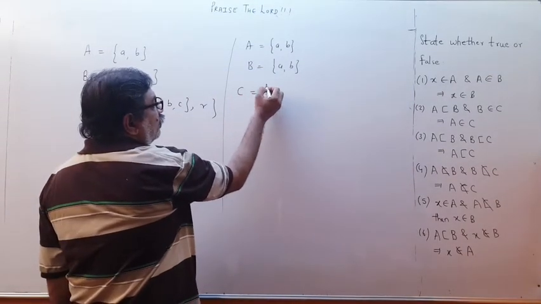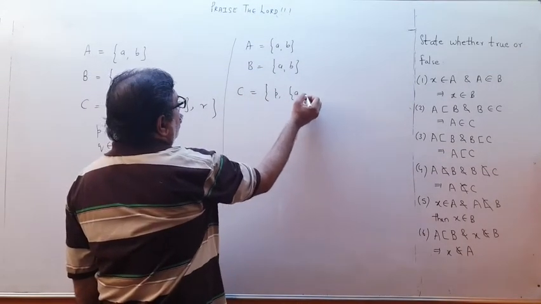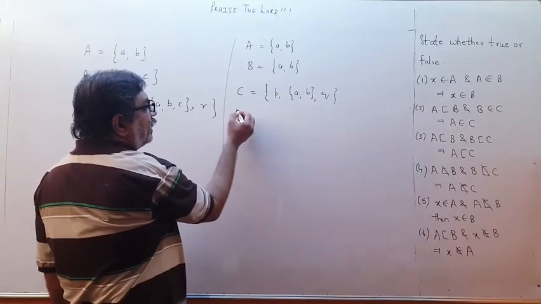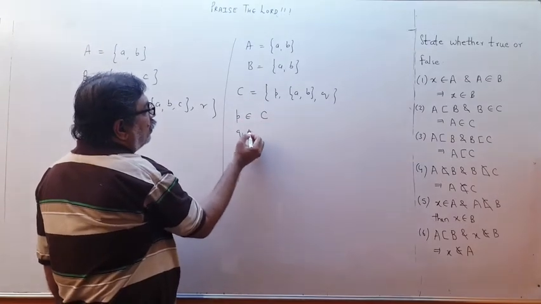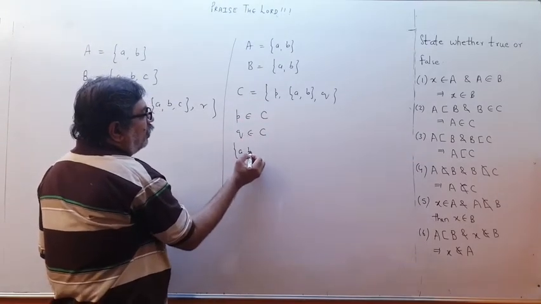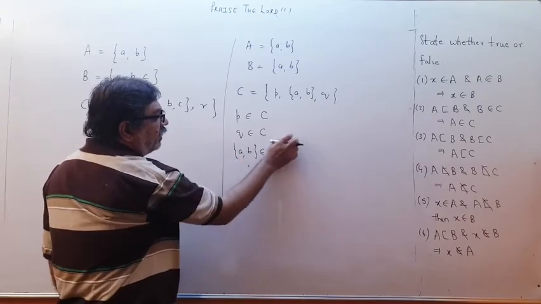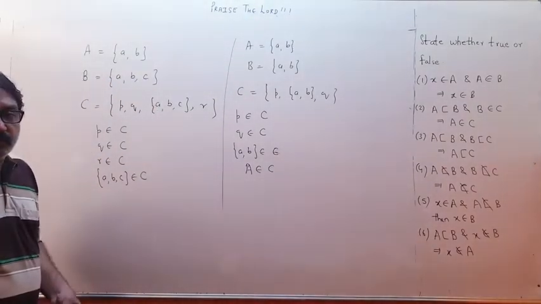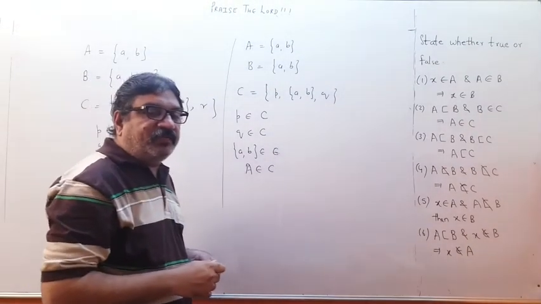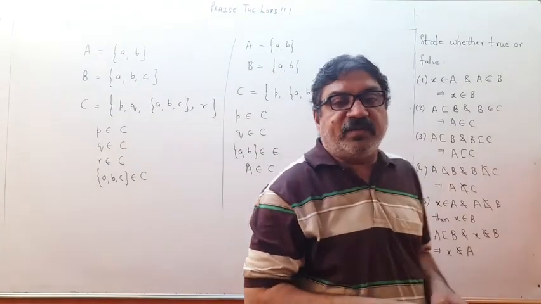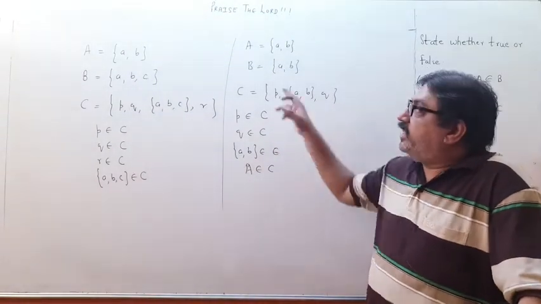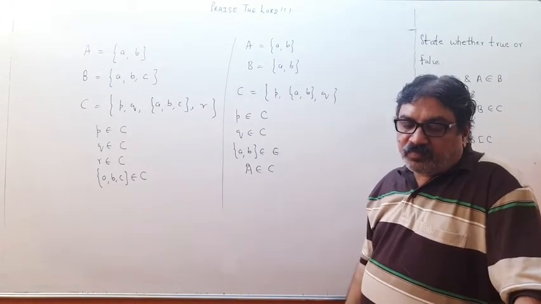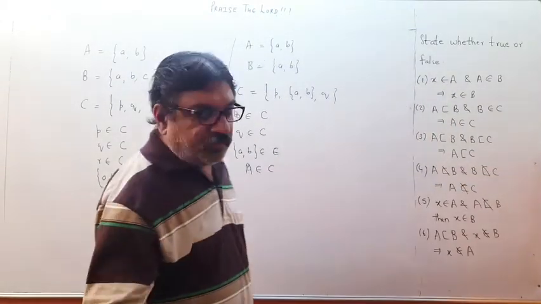And he said B belongs to C, so C would have been, supposing, P, AB and Q. So B belongs to C. In that case, I will say P belongs to C, Q belongs to C, and AB belongs to C. In that case, I can say A belongs to C, but always A is not belonging to C. So a statement is right if it is right in all the situations, not only in the selective situations. This is the selective situation when A is equal to B. If A is not equal to B, then you can see AB will not belong to C. Statement is false.